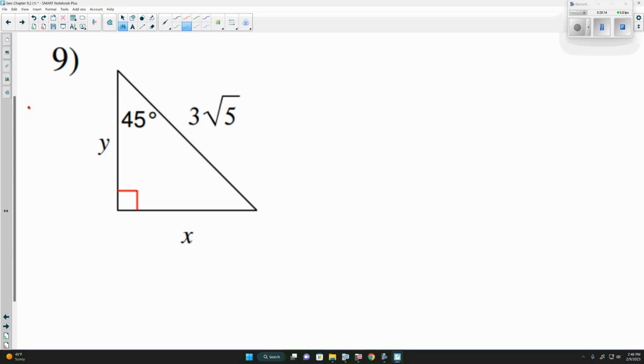3 square root of 5 is our hypotenuse, yes? So what have we been saying? The hypotenuse is the leg's length times square root of 2. So here, we're going to take the hypotenuse and do what? Divide it by? Doesn't matter what the number is, it still follows the same pattern.